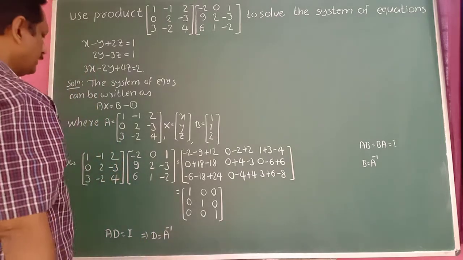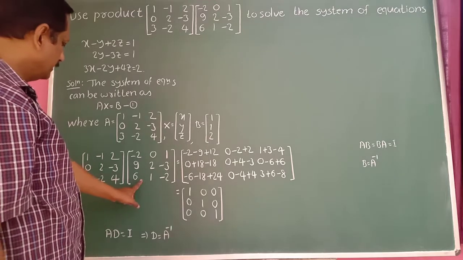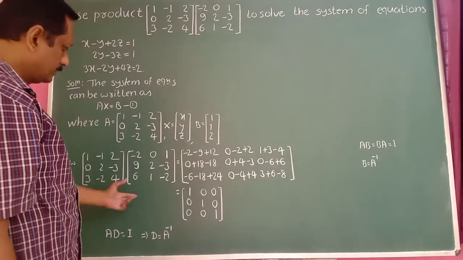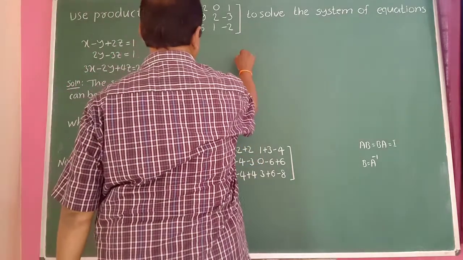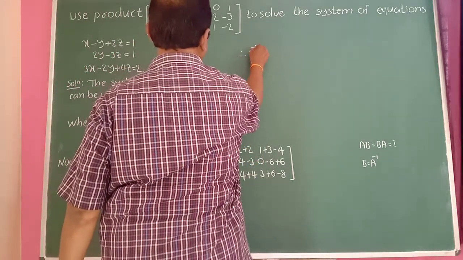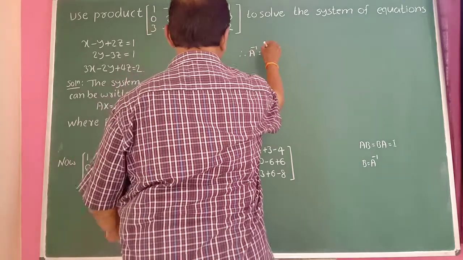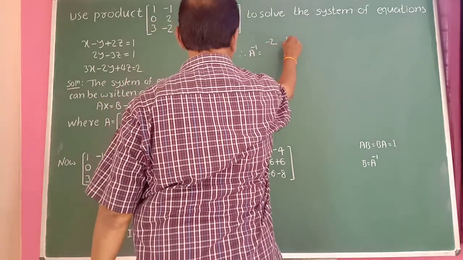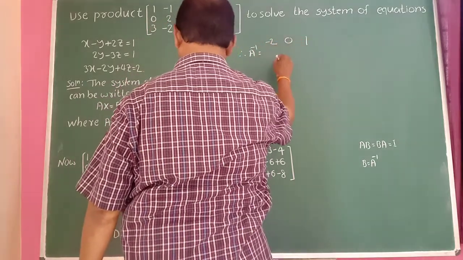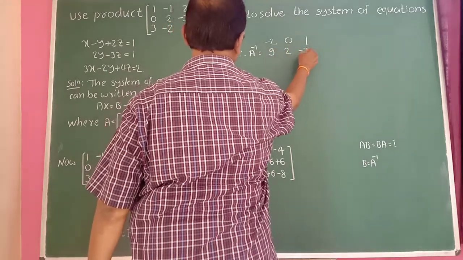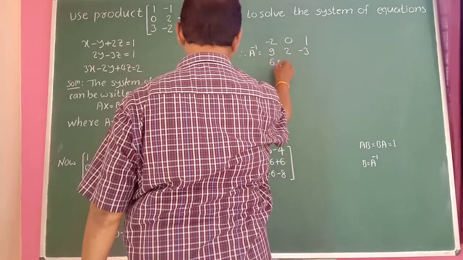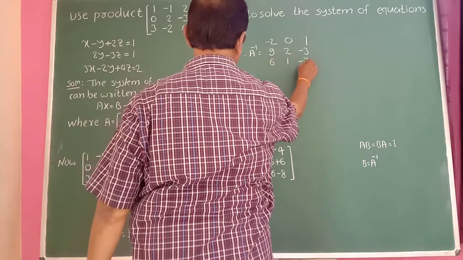So this is a inverse of this matrix here. Therefore, A inverse is equal to the matrix here: minus 2, 0, 1, then 9, 2, minus of 3, then 6, 1, minus of 2.